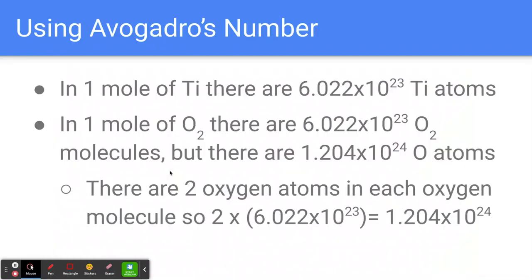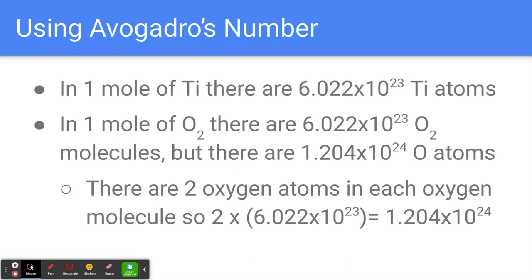So, Avogadro's number, what does that tell us? Well, if we had 1 mole of titanium, that means that we would have 6.022 times 10 to the 23rd titanium atoms. If we had 1 mole of oxygen, remember that oxygen is a diatomic element, so it's expressed as O2.